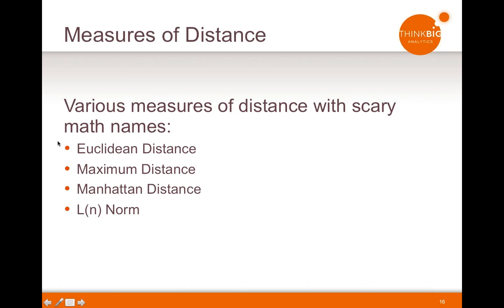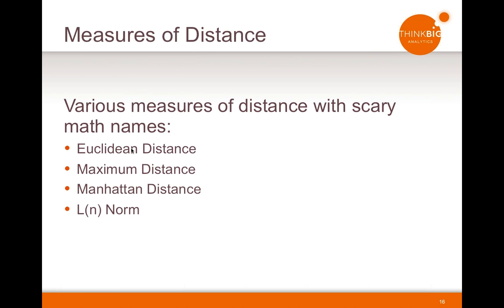We're going to just concentrate on Euclidean distance in this case, which is, again, one of those scary-sounding terms for the length of a line between 2 points, just a straight line. So if you remember high school algebra or high school geometry, you may remember the hypotenuse of a triangle is the square root of x squared plus y squared. That's pretty much what we're talking about with Euclidean distance, and that's in 2 dimensions.